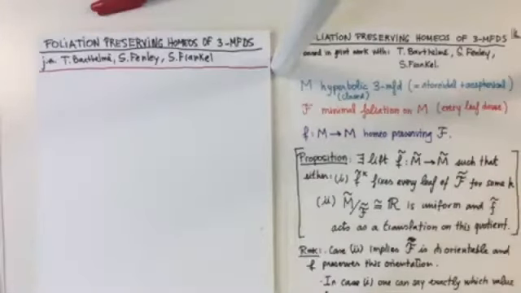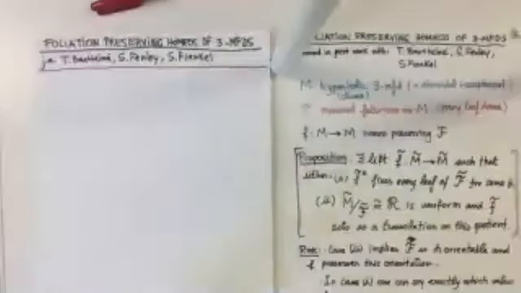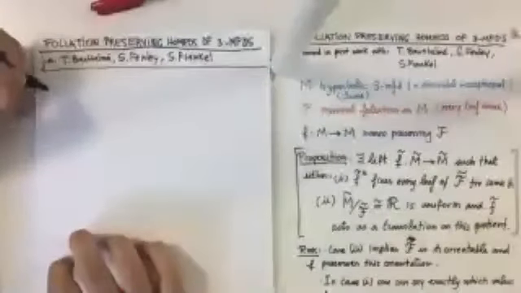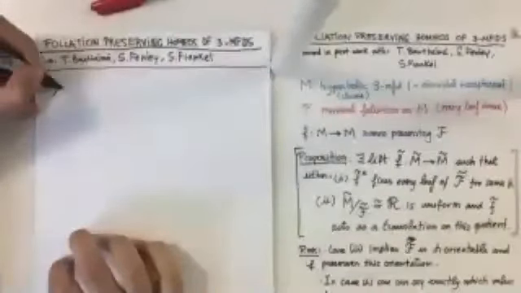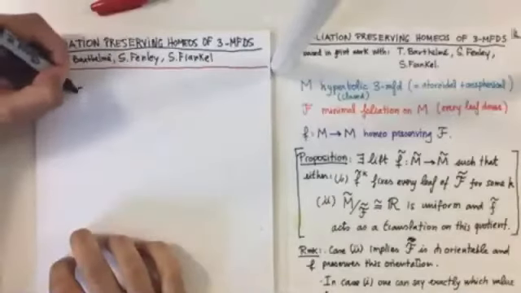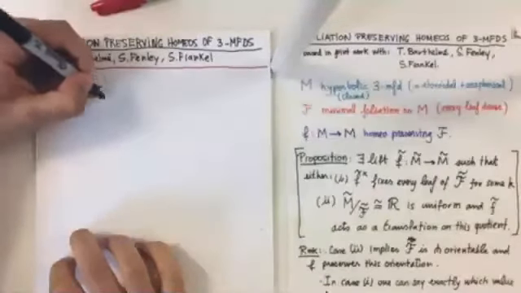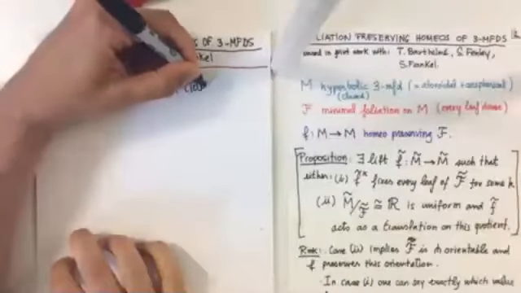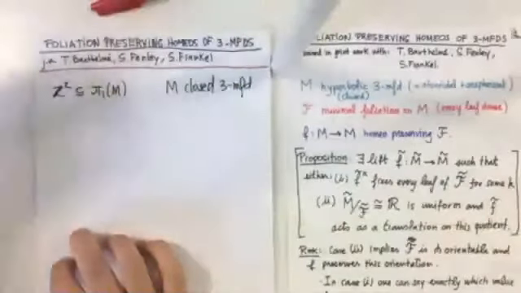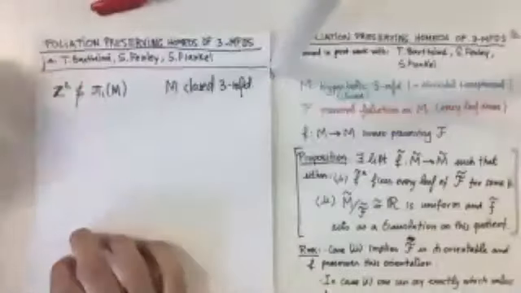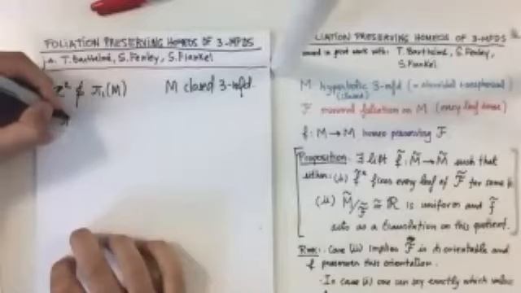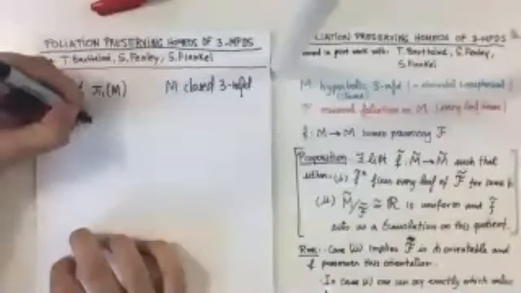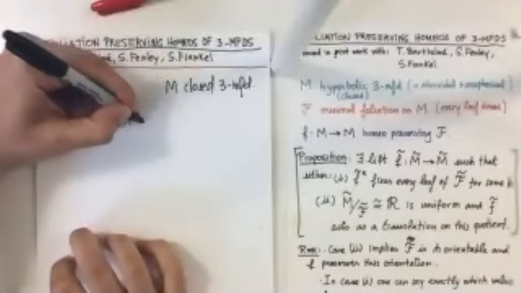So I will work in hyperbolic 3-manifolds, and this means that Z² is not a subgroup of the fundamental group of M, where M is a closed 3-manifold. Z² is not a subgroup of π₁, and then π₂(M) = π₃(M) = 0.